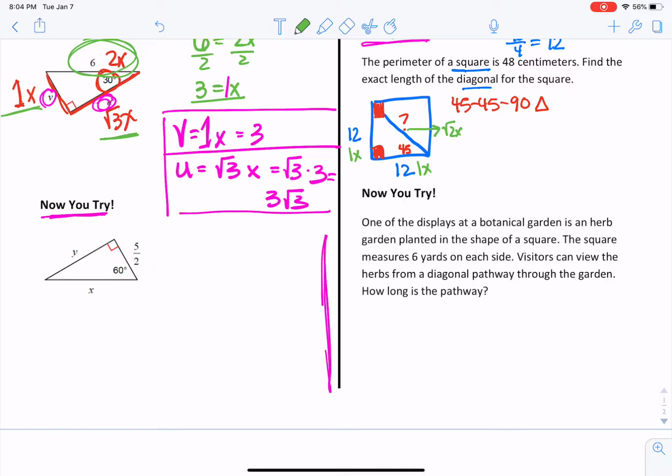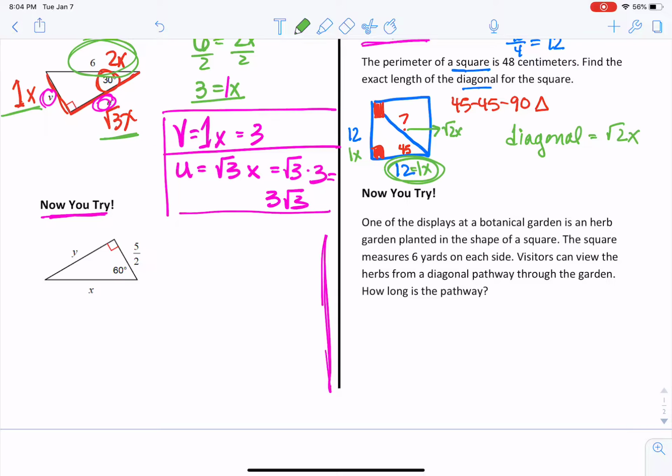So now that I have all of my things set up, the diagonal equals square root of 2x. Do I know what x is? x equals 12.